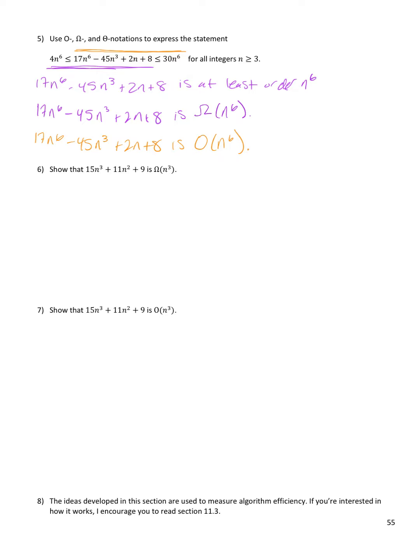I should have left a little more room here. So I'm going to say 17n to the sixth minus 45n cubed plus 2n plus 8 is theta of n to the sixth, which means, i.e., 17n to the sixth minus 45n cubed plus 2n plus 8 is of the order of n to the sixth.